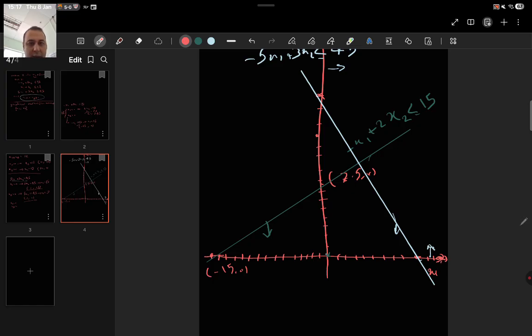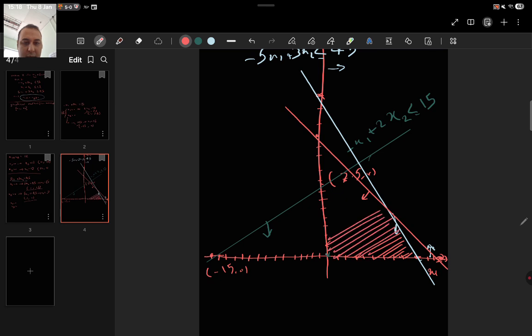Which is this line. Okay, which is less also. So here will be our feasible area, the intersection of all the feasible areas.